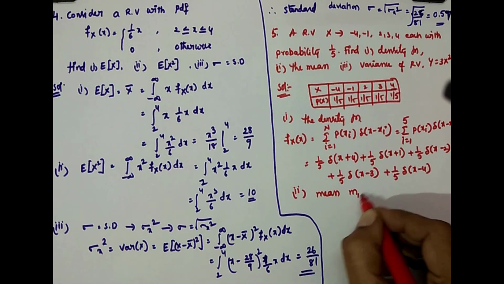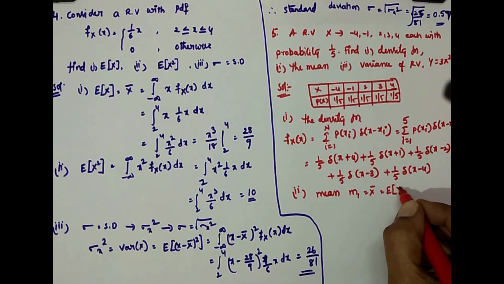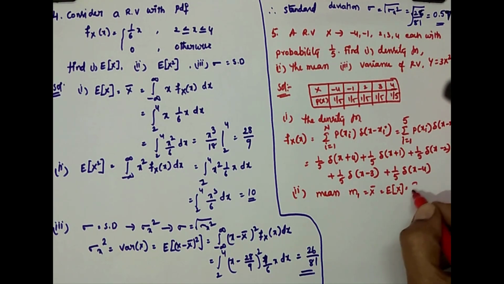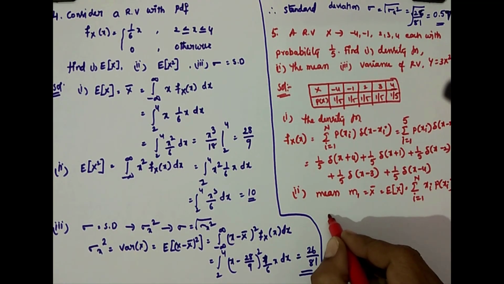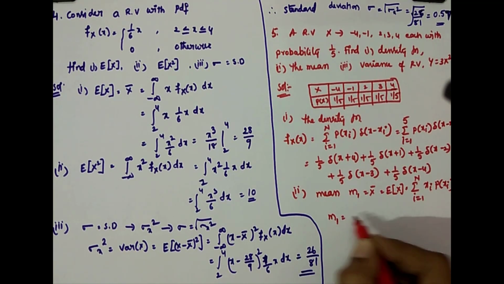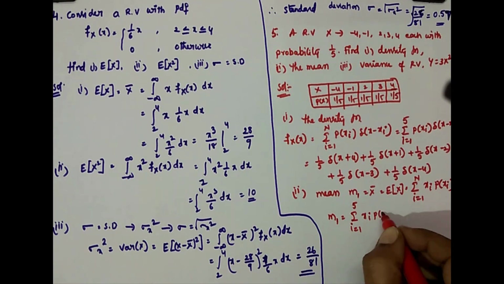Then I'll find the mean. Mean m1 or x bar, or you can call it E of x, is sigma i from 1 to n xi into p of xi. So for us, m1 is i from 1 to 5 xi into p of xi.